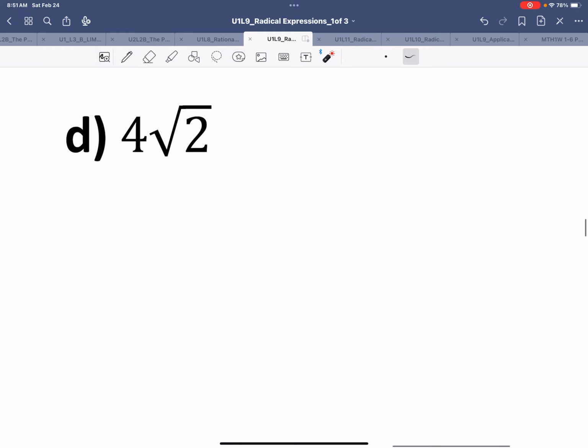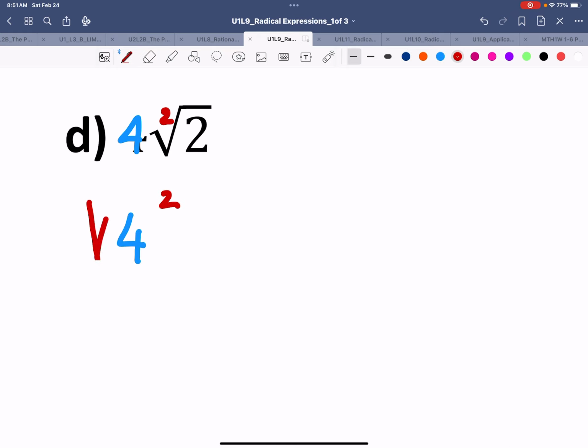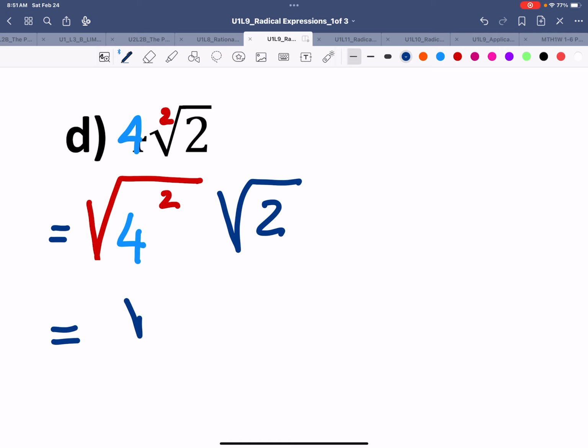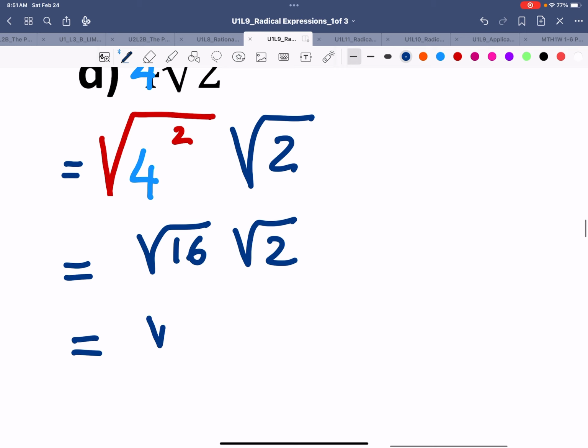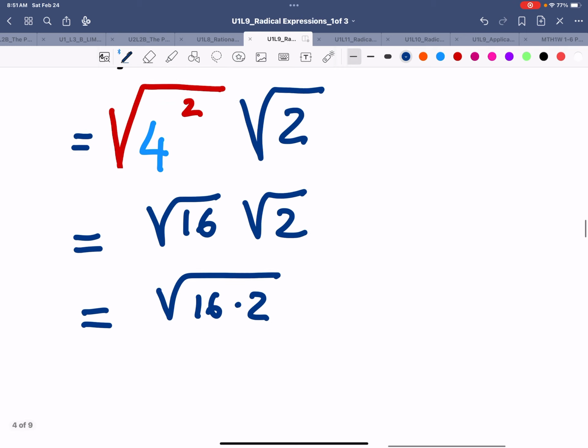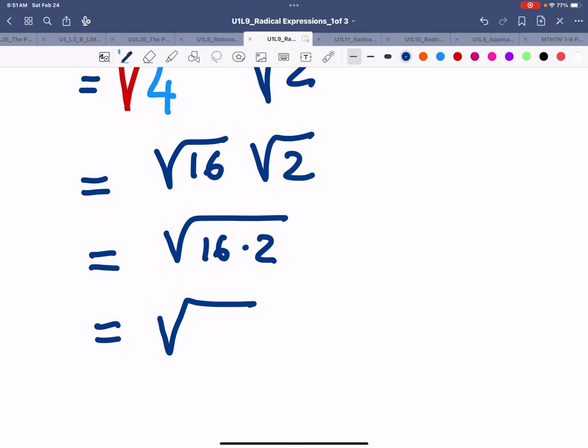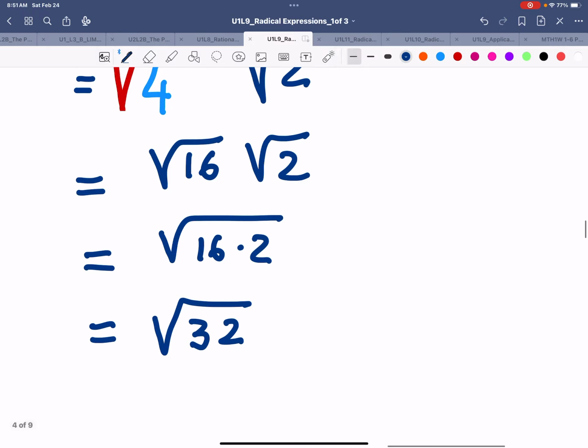Now for the next one, I think we kind of got the hang of it. We have the index 2. That means the number 4 will come to the power of 2 and be square rooted, so the value of it stays 4. And then we have the square root of 2. So that would be root of 16 times root of 2, or the root of 16 times 2, or even better, the square root of 32.